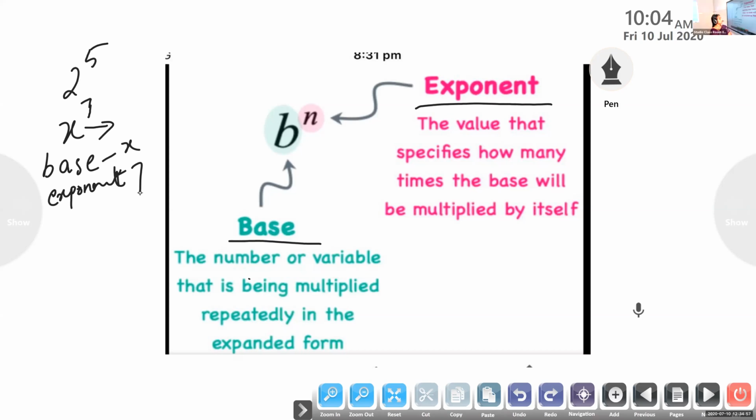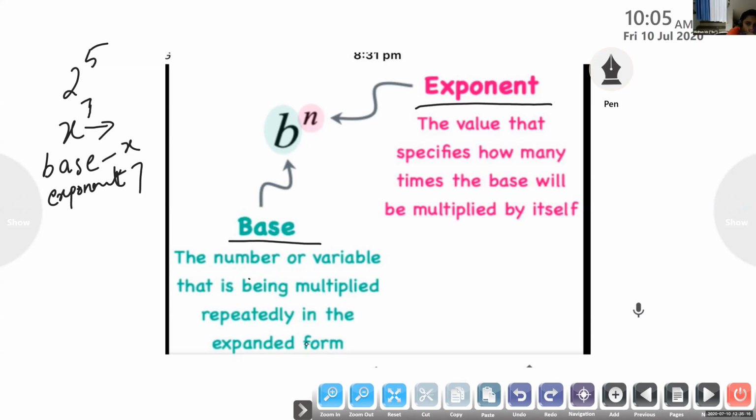Okay, Tia, read. Exponent, the value that specifies how many times the base will be multiplied by itself. Base, the number or variable that is being multiplied repeatedly in the expanded form. Okay, Shivanya, read. Exponent, the value that specifies how many times the base will be multiplied by itself. Base, the number or variable that is being multiplied repeatedly in the expanded form.